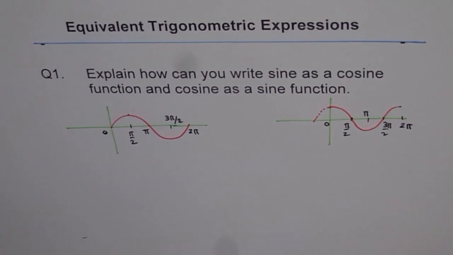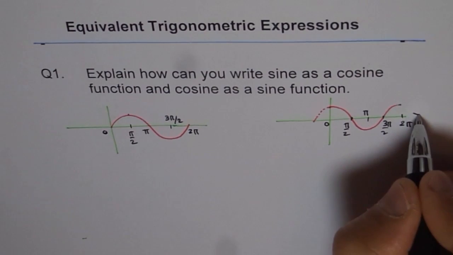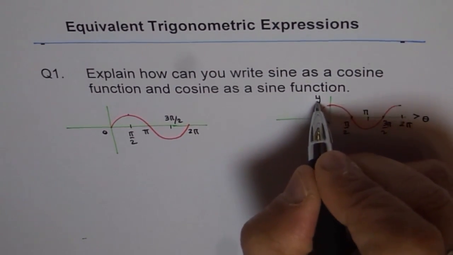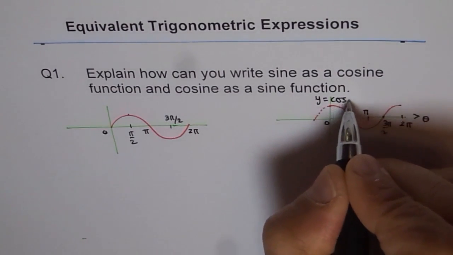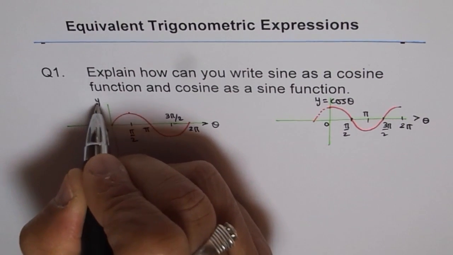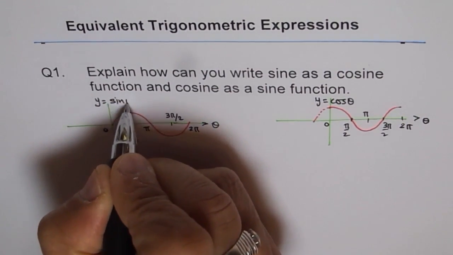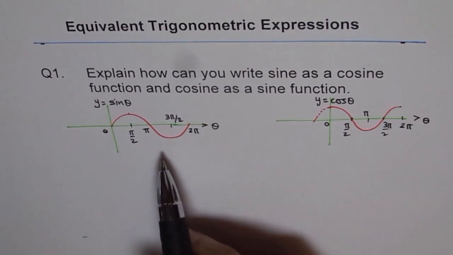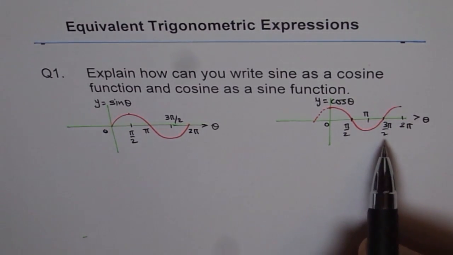So we've just drawn one wave here. Let me write theta here and y equals cos theta. Similarly here I have theta, and here y equals sine theta.